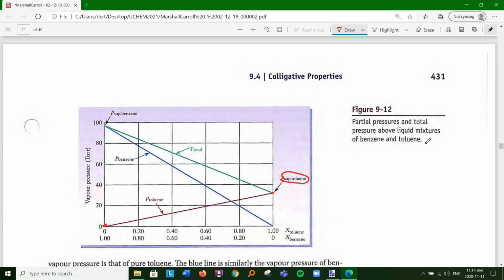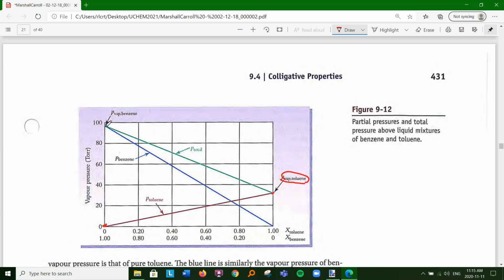Does it say above there? Page 431. Let's jump back here. No, it doesn't give the number directly, but you can read off. It looks to me like around 20. I'm doing it on the computer screen. Around 35.